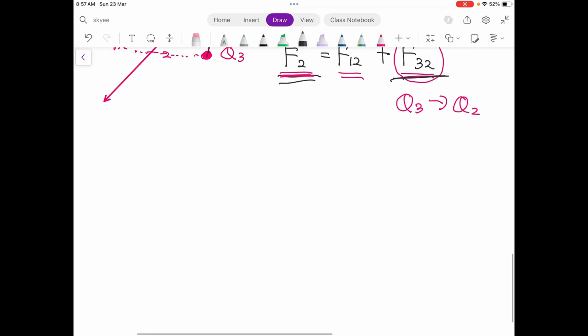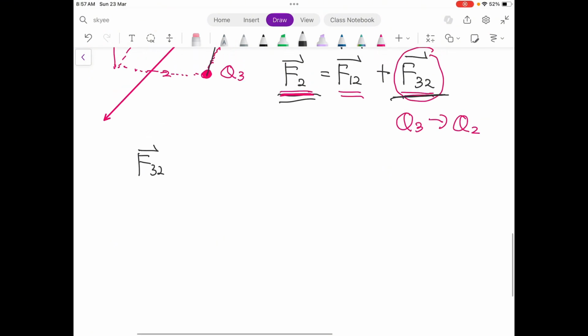The procedure to find the F32 is similar to what we performed just now to find the F12. For sure we must have the magnitudes of Q3 and multiply with the Q2. We are not dealing with the Q1 anymore because now it happened between 3 and 2.